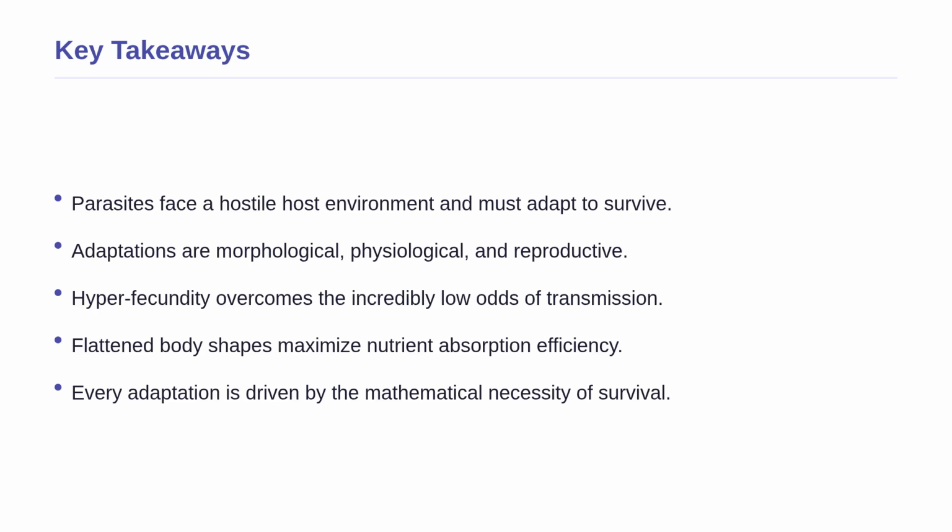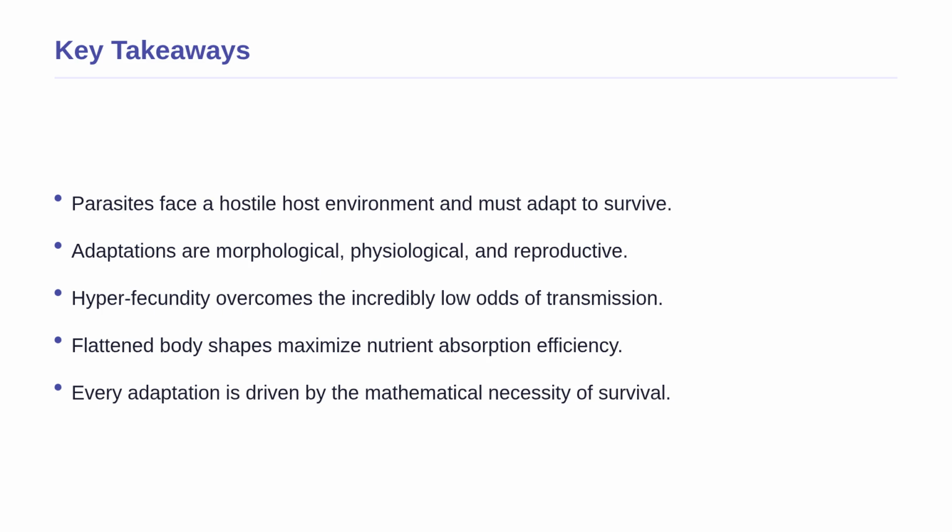We have covered a lot of ground today, so let us summarize the most important ideas. First, remember that a host's body is a hostile environment, and parasites must undergo extreme morphological, physiological, and reproductive adaptations just to survive. Second, because the journey between hosts is so deadly, parasites rely on hyperfecundity, producing massive numbers of eggs to overcome the incredibly low mathematical odds of transmission.